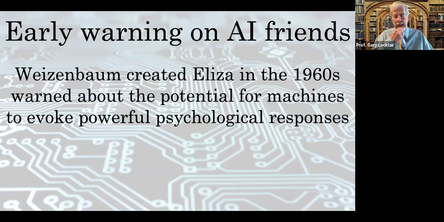Weizenbaum wrote one book in the middle 1970s about this and talked often about the problems of treating AI as a friend. Weizenbaum warned about the potential for machines to evoke powerful psychological responses.